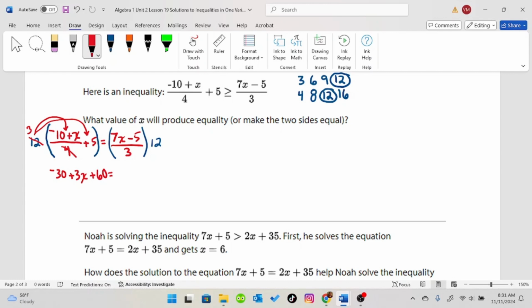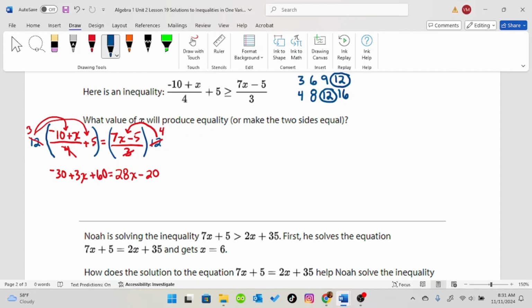On the right side, we have 12 times this whole fraction, 7x minus 5 over 3. Well, 3 goes into 12 4 times, so that cancels it out on the bottom, changes the 12 to a 4. 4 times 7x is 28x, and 4 times negative 5 is minus 20.